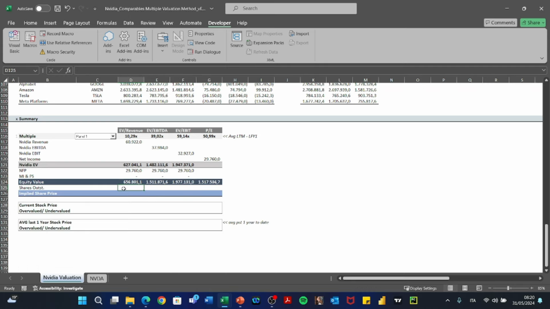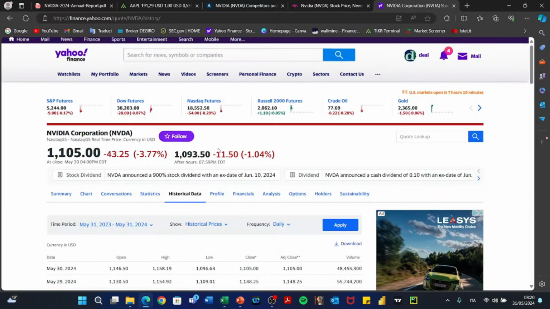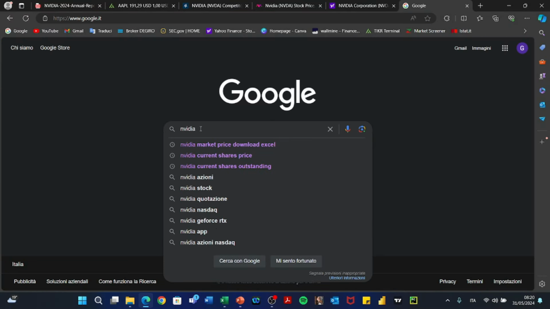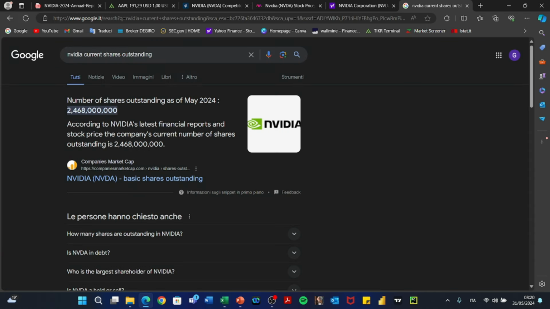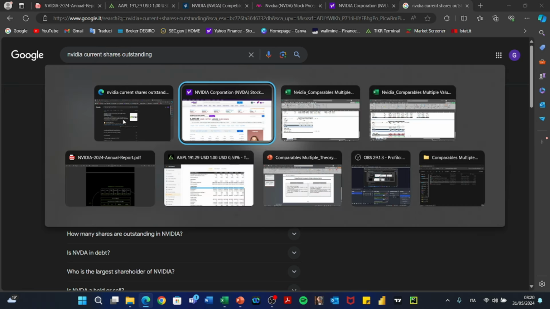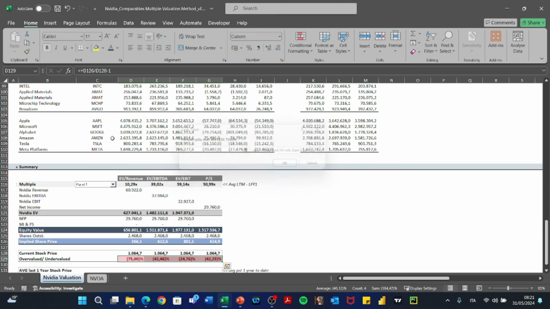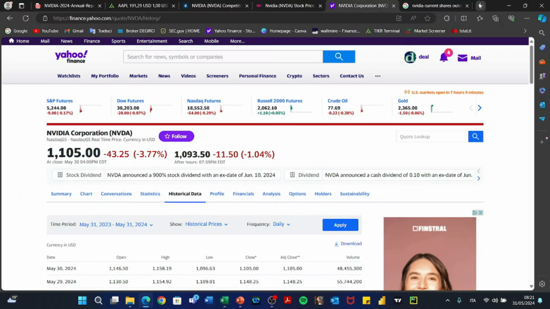In terms of the shares outstanding, you can find them just going online: Nvidia current shares outstanding, 2.468 thousand millions, sorry. But in my opinion, it is just because the current stock price of Nvidia is really overpriced.